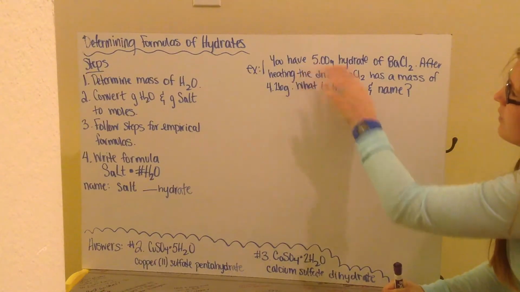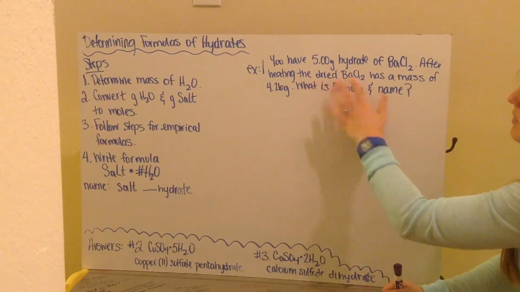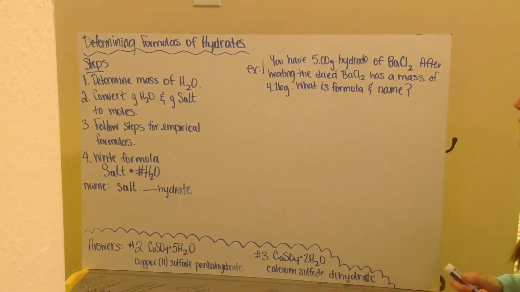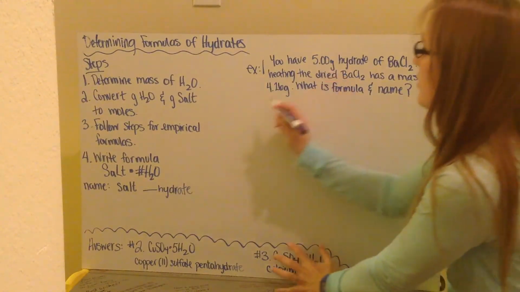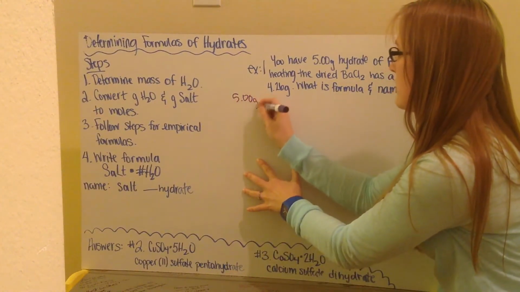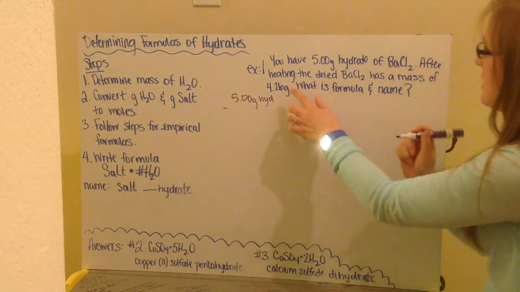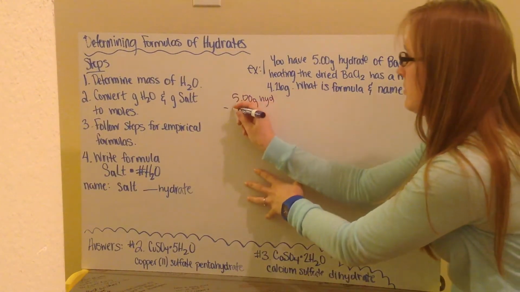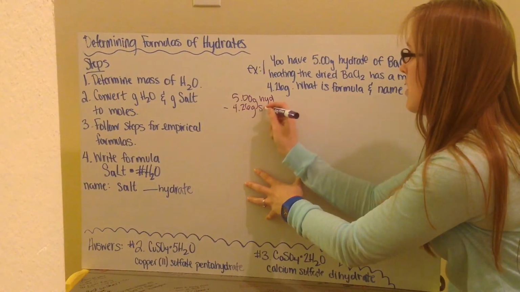You have 5 grams of a hydrate of barium chloride, and after heating, the dried barium chloride has a mass of 4.26 grams. What's the formula and the name? Well, first I need to calculate the mass of my water. My total mass of the hydrate is 5.00 grams, minus the dried salt, 4.26 grams of salt.